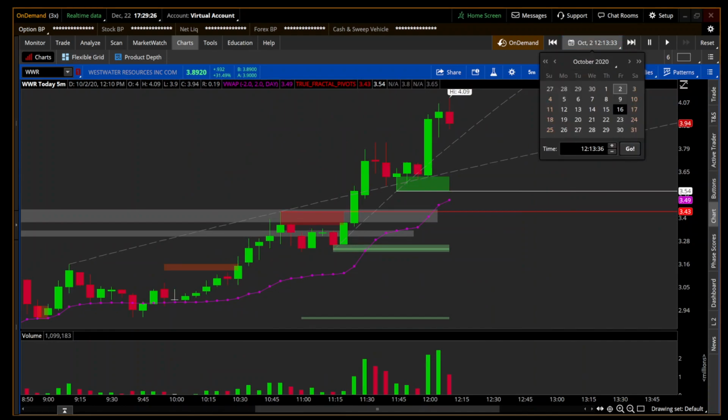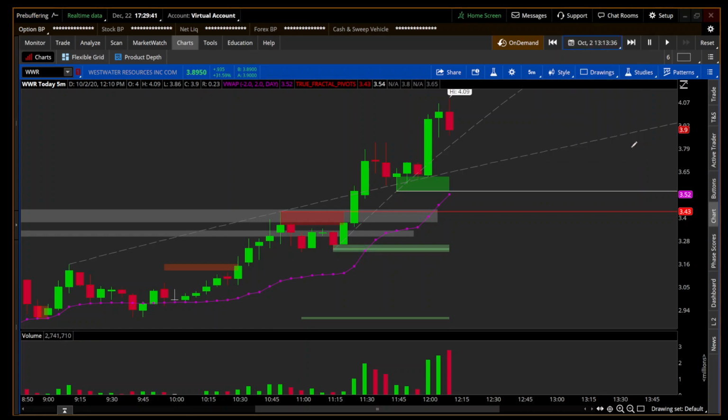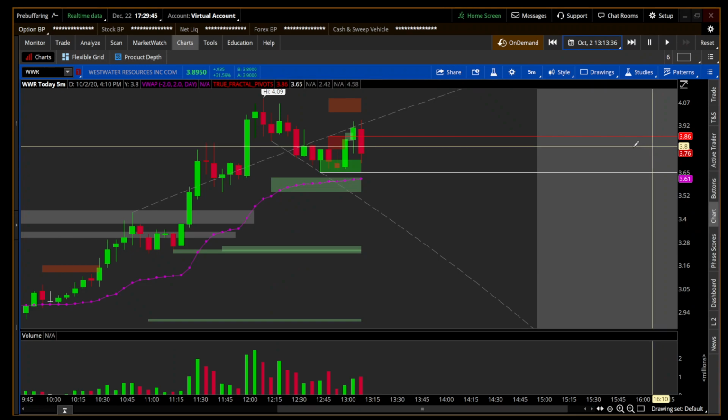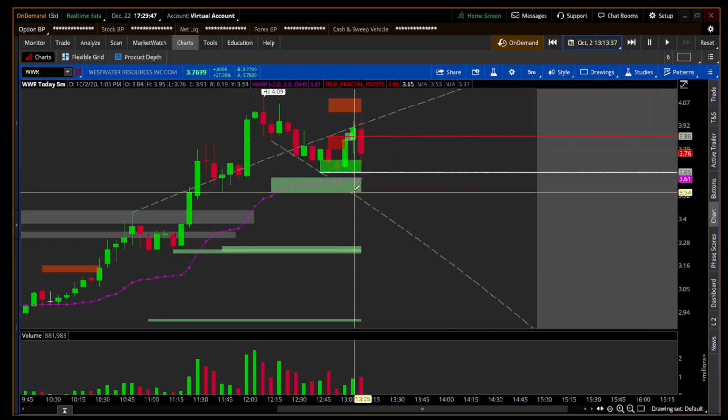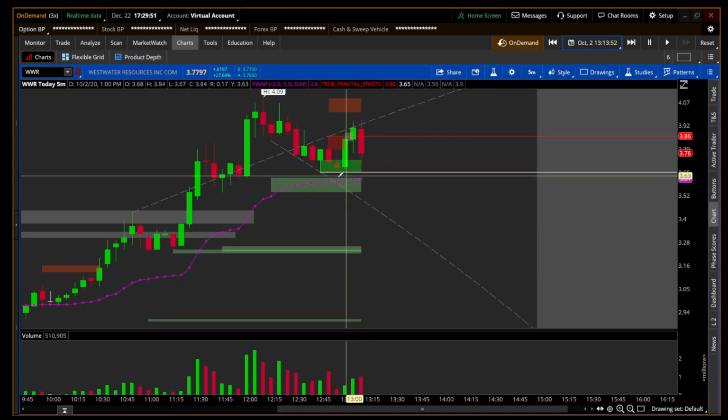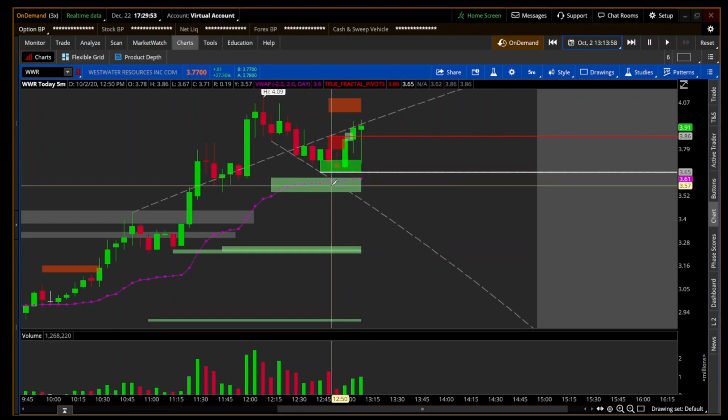So I'm gonna push it to 1 o'clock. I'm gonna let this play out just a little bit. Came back to that, created another area of supply, and this is the previous supply.